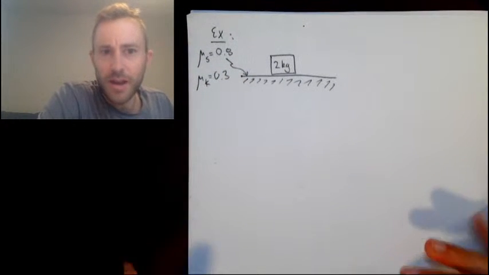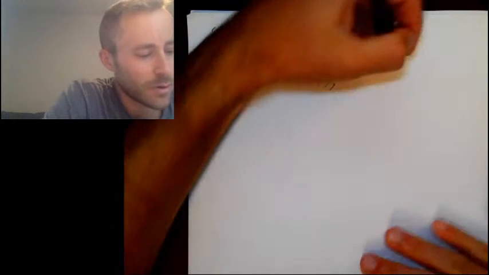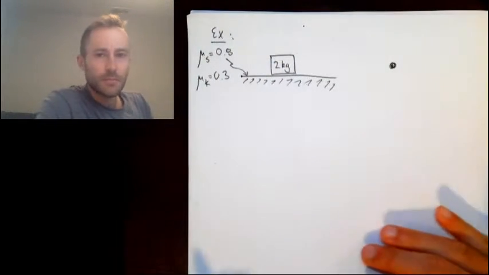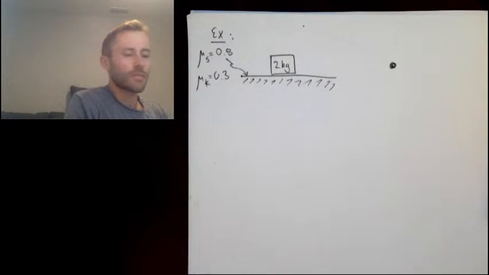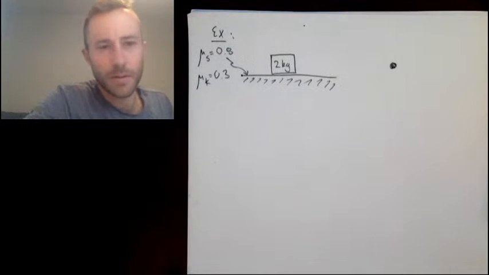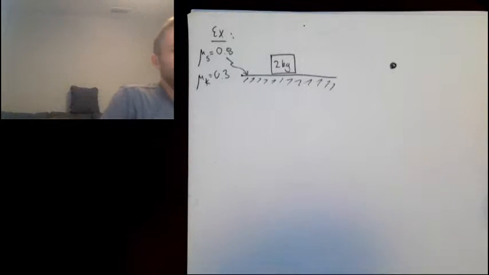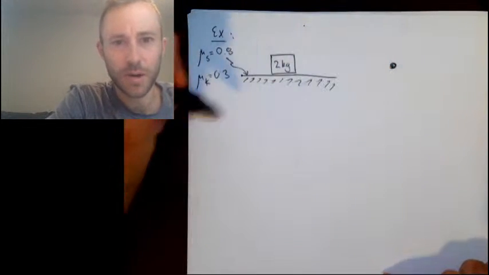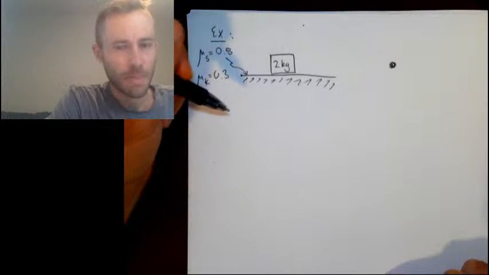So let's draw a free body diagram for this box. I'm representing the box as a dot.